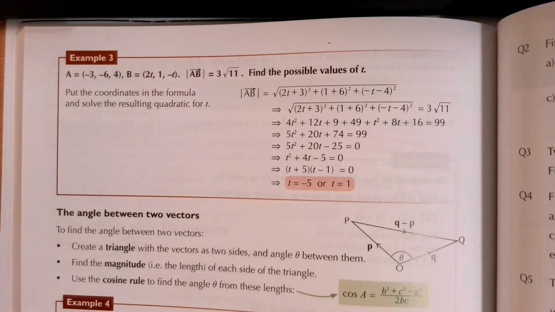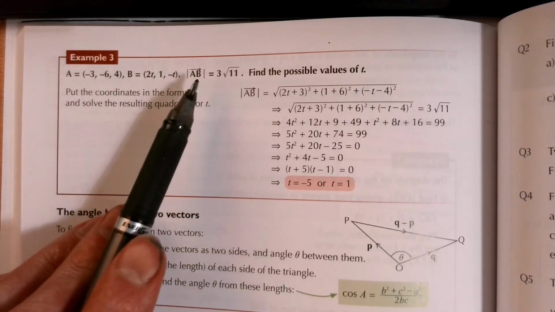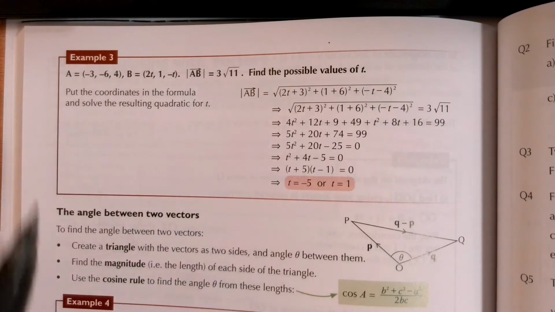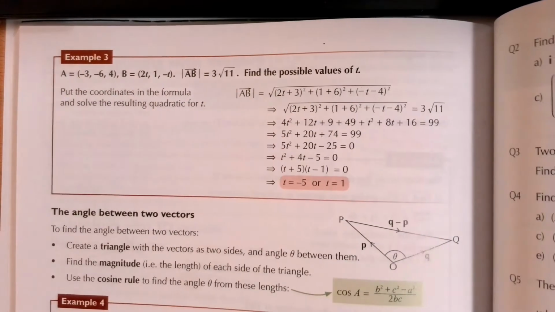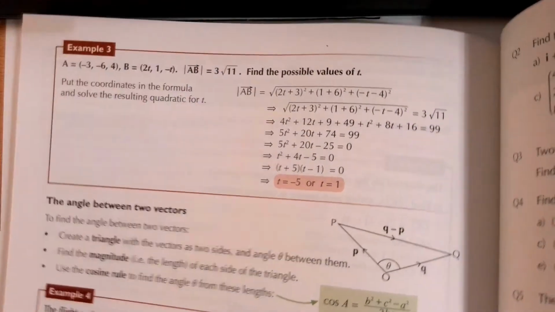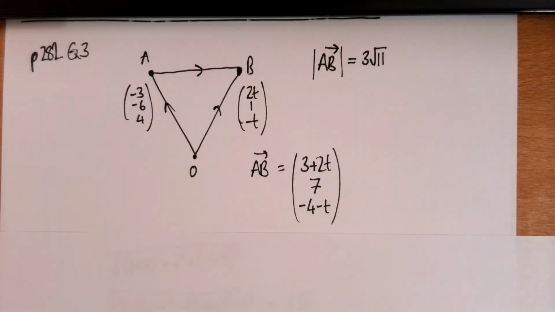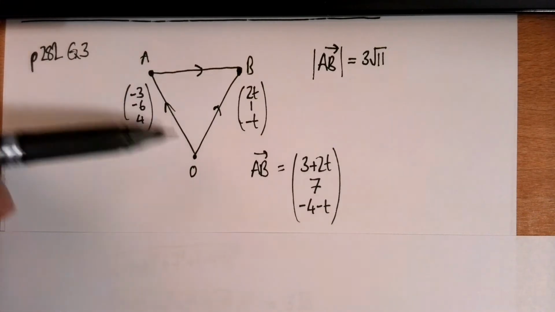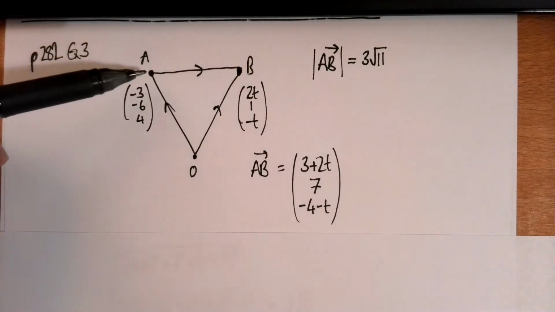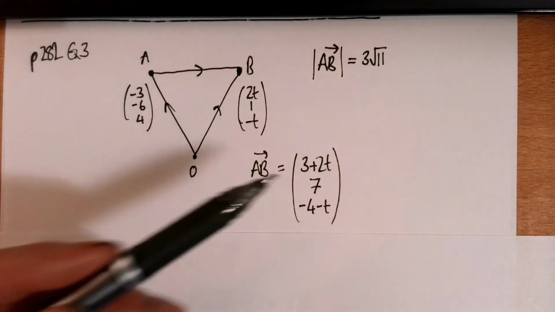So here we are over the page on page 282, example 3, same thing, but this time we're given the length and we've got some missing values, and also rather than giving us vectors they've given us 3D coordinates. I don't like the way they do it, so here goes my way. So I've taken the two 3D coordinates and turned them into position vectors, and I've worked out the vector AB.